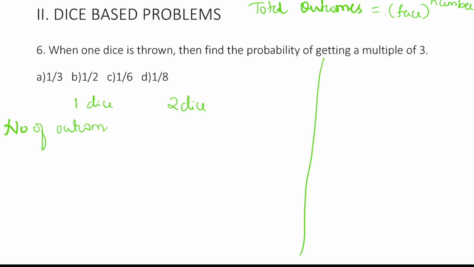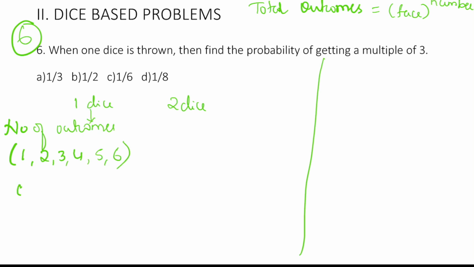A dice will be having 6 faces, isn't it? So what are the number of outcomes we can get? It can be either, when we throw we can get either 1 or 2 or 3, 4, 5 or 6. These only are the number of outcomes when we throw 1 dice, isn't it?